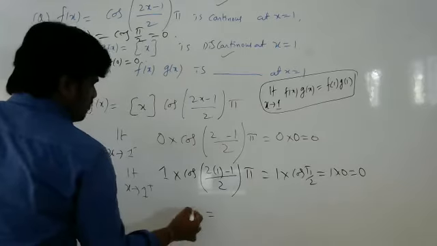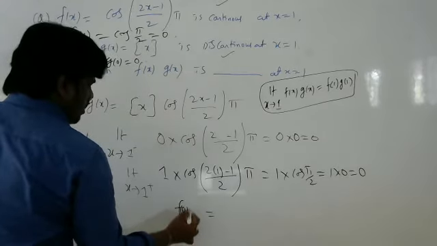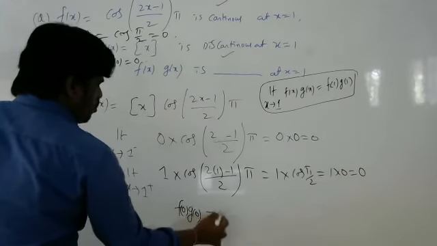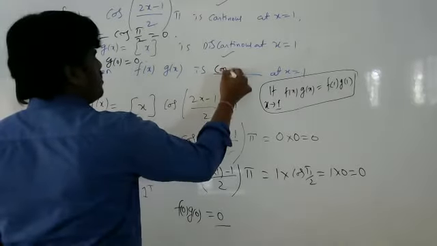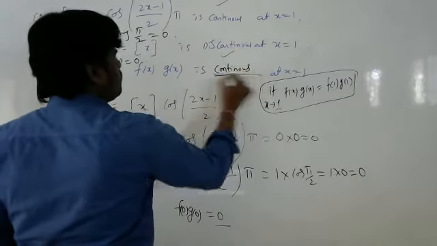So the limit of the function and the value of the function are the same. So what can we say, is it continuous or discontinuous? It is continuous. The answer is continuous.